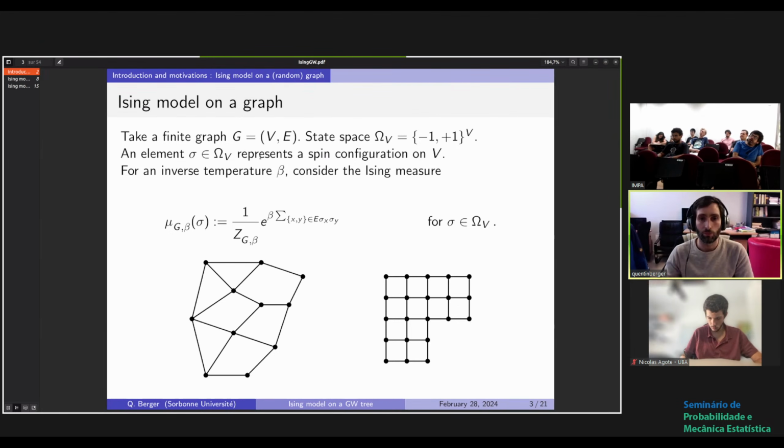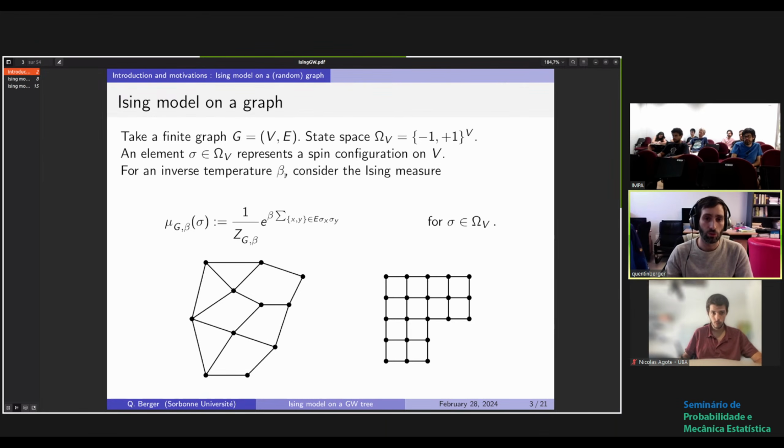You consider a graph with vertices and edges, and the Ising model on this graph lives on the state space, which is {-1,+1}^V. So an element of the state space represents a spin configuration, right? You have spins pointing up, spins pointing down, and you consider this Ising measure.